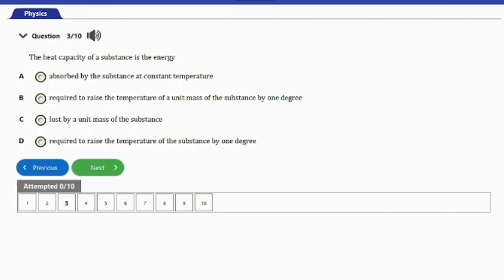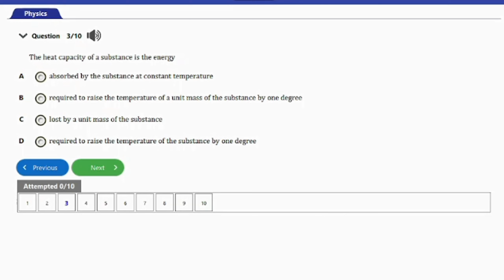The question says, the heat capacity of a substance is the energy A, absorbed by the substance at constant temperature, B, required to raise the temperature of a unit mass of the substance by 1 degree, C, lost by a unit mass of the substance, D, required to raise the temperature of the substance by 1 degree.